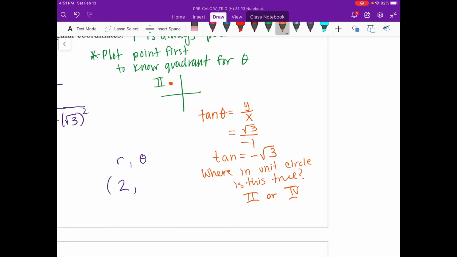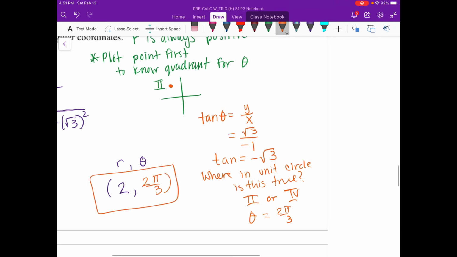This is why it helps me to plot it first, because I want it to be in quadrant 2, and it makes sense that it's negative there. And then knowing that it's going to be a pi over 3 reference angle, this puts me at 2 pi over 3. Okay, so that is going to be my theta, which means this is my answer. That's how I convert it over.